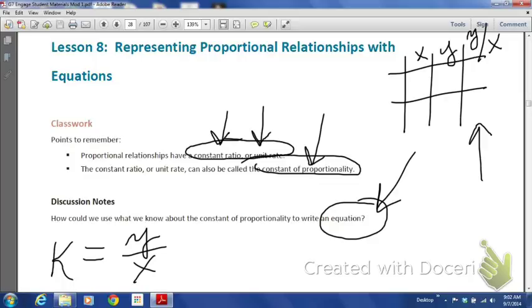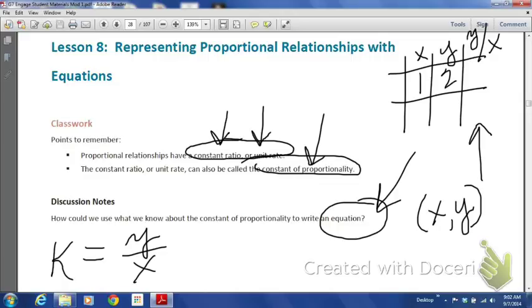In a proportional relationship, we have any given set of ordered pairs. If you remember from working with graphs, an ordered pair is written with the x value and the y value. All of these ordered pairs will come from a table.